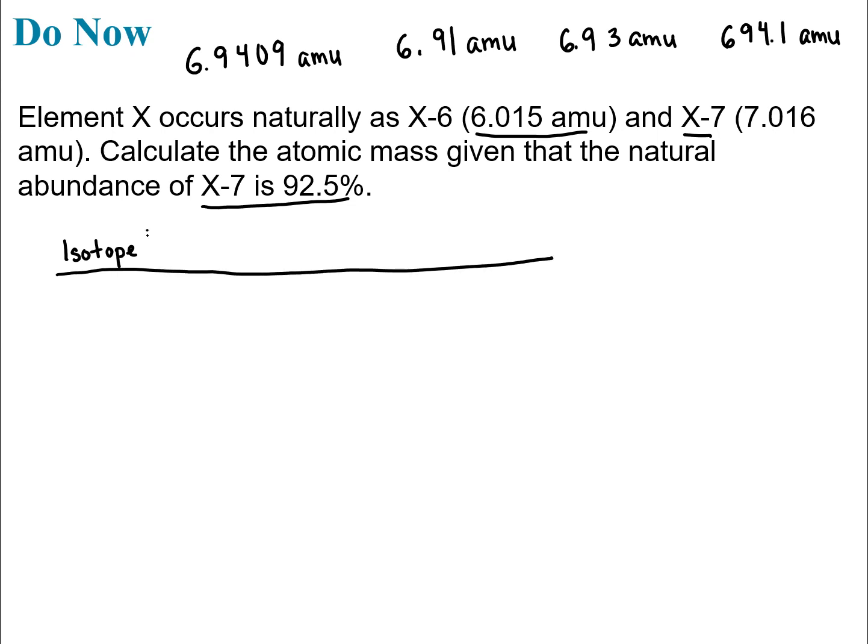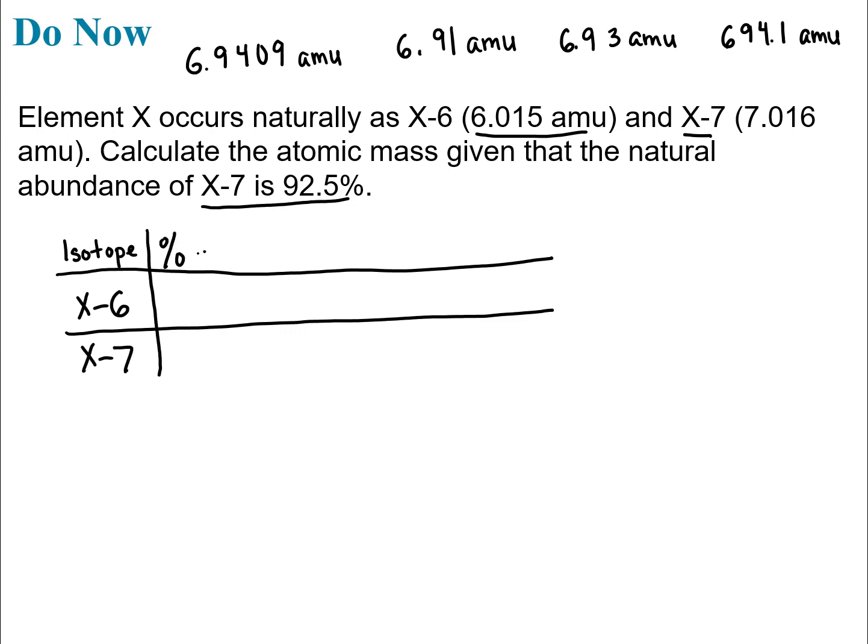I always start with making my chart. We've got these two isotopes, X6 and X7. We know the percent abundance for X7 is 92.5%.